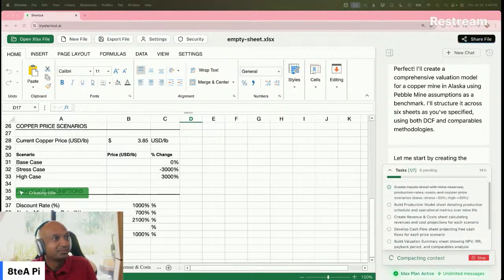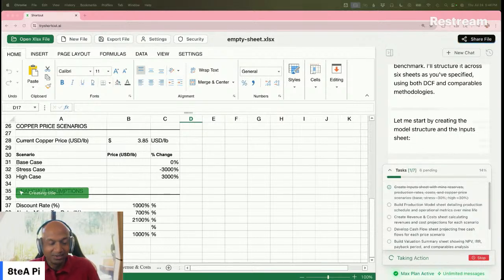and I have to check this, because you cannot allow the model to get away with it. What is the current copper price? Come on, copper futures. What's the price of 1 pound of copper?